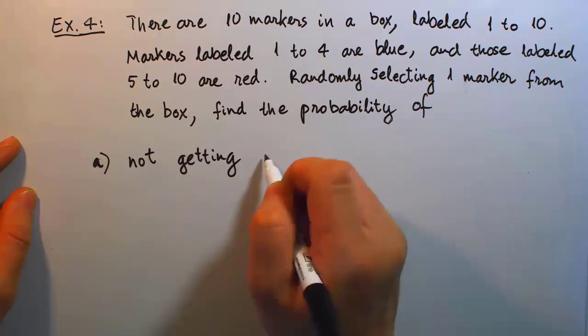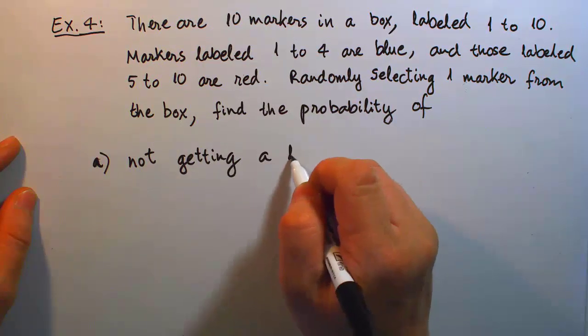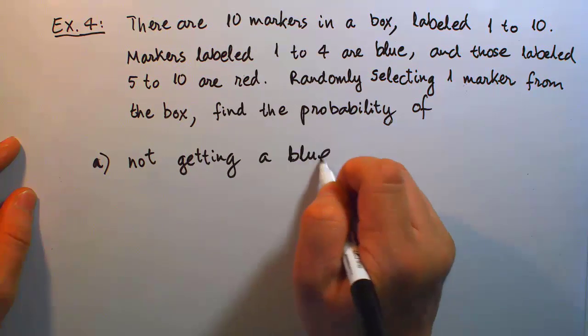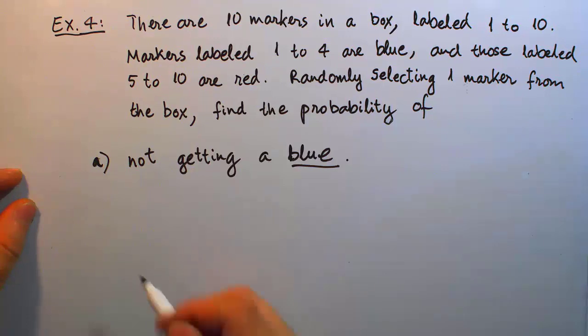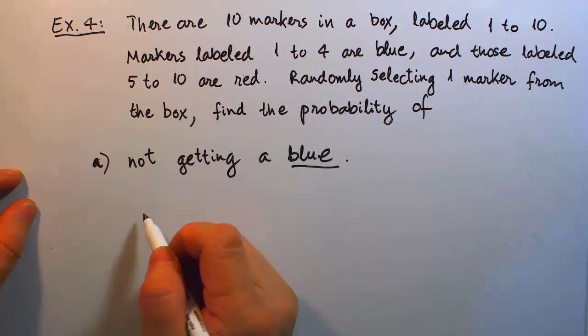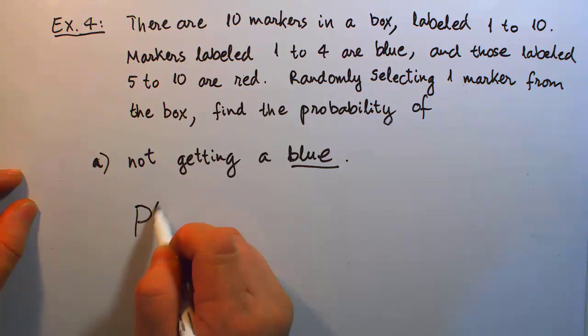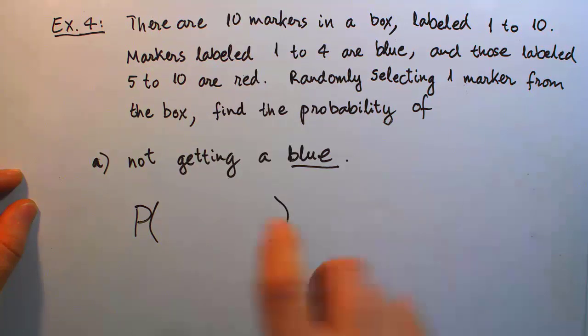What's the chance of not getting a blue when you pick a random marker from the box? Symbolically, we have the primary event being blue. That's the primary event right here.